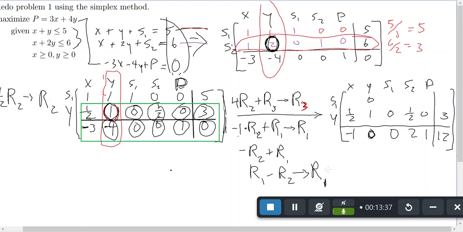So let's fill out row 1 by row 1 minus row 2. Here, 1 minus 1/2 is 1/2. 1 minus 1 is 0, as planned. 1 minus 0 is 1. 0 minus 1/2 is -1/2. 0 minus 0 is 0, and 5 minus 3 is 2.